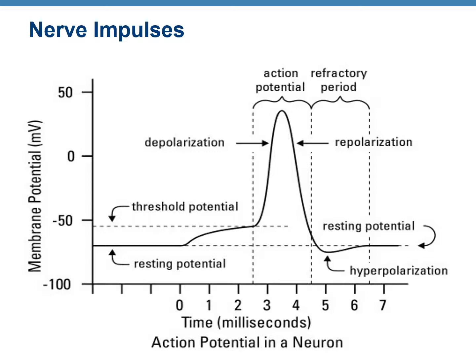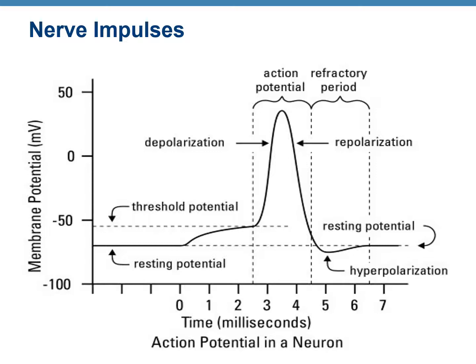Then at around 0 time, the membrane potential starts increasing. It reaches the threshold potential and then it gets more and more positive. As the graph is rising up, it is depolarization. That means sodium ions are moving in. After a maximum value, the graph starts going down.